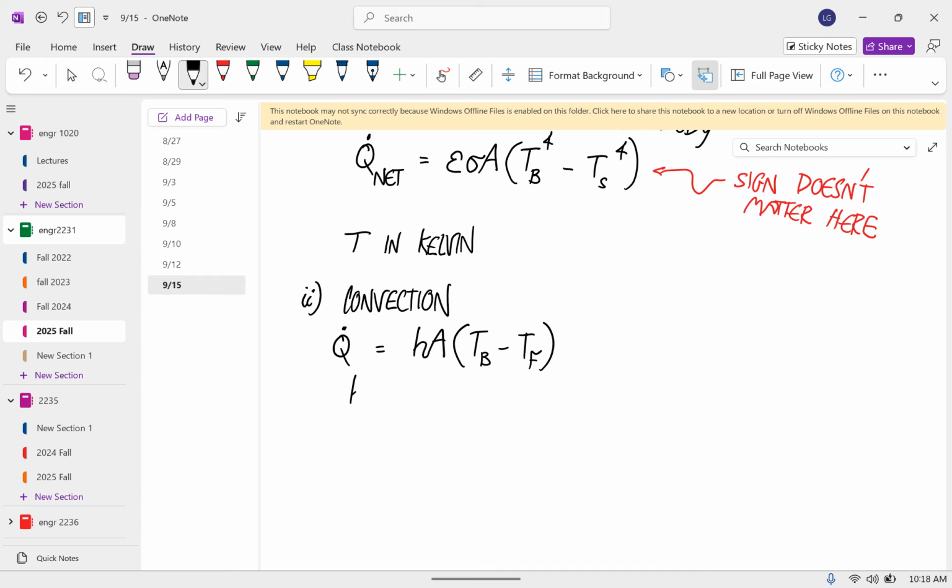And so remember that this H is an experimental constant that you get for your specific setup.